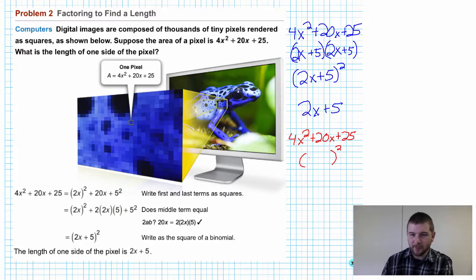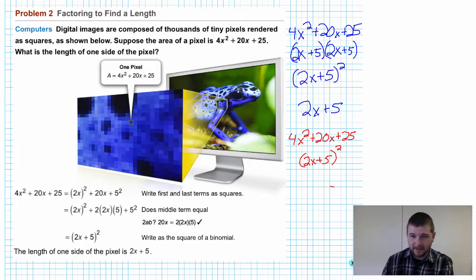Our first term will be the square root of our first term here. The square root of 4 is 2, the square root of x squared is x, and our second term in our binomial will be the square root of our constant in our original trinomial, the square root of 25, plus 5. And then a quick FOIL to check would show us that we have, once again, the correct answer.